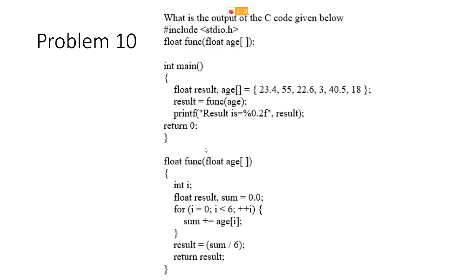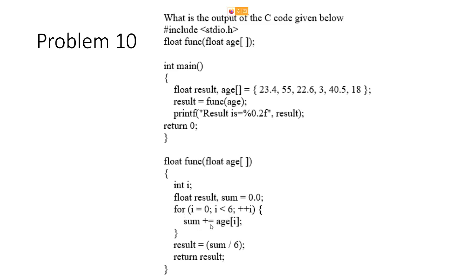Now, what is this function func doing? It is declaring one variable result and another float variable sum, initialized to 0.0. Then there is a for loop starting from 0 till i becomes less than 6.